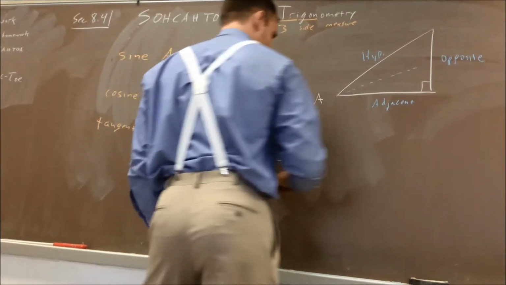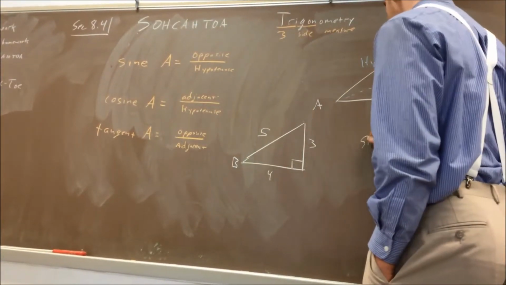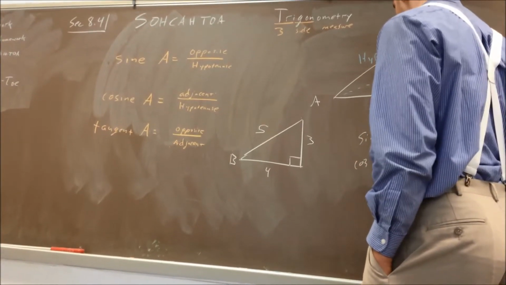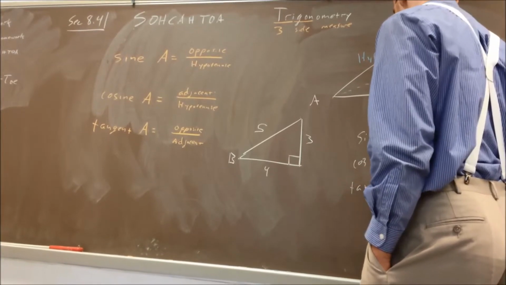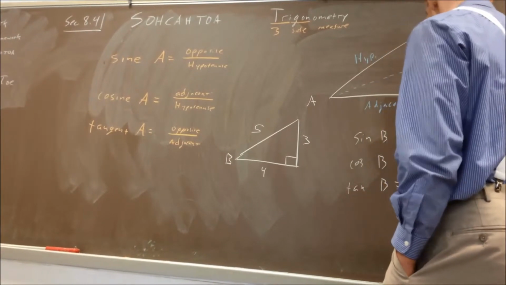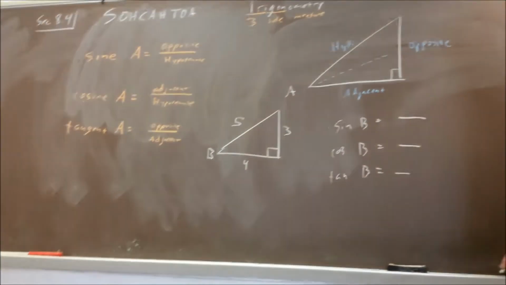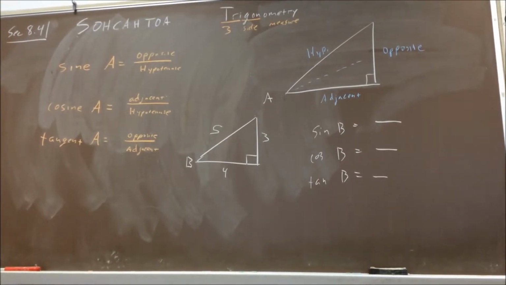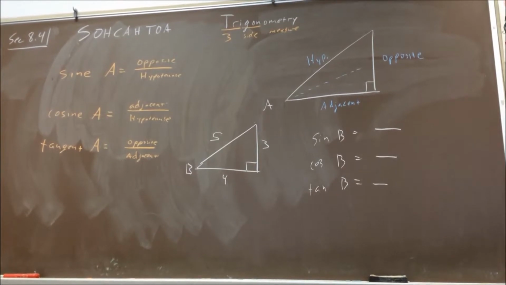Nice Pythagorean triple. I want to know the sine of B, the cosine of B, and the tangent of B. I'll give you a few seconds to think about it, and then we'll start calling on these.